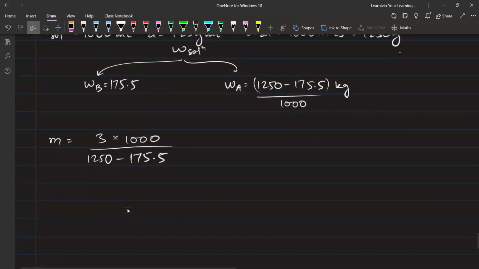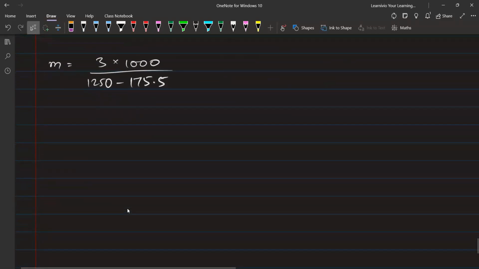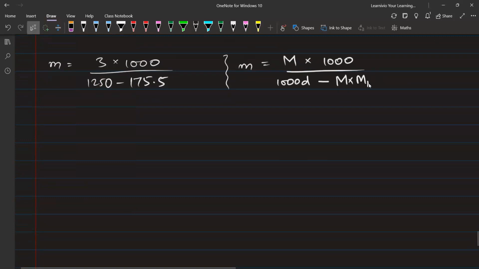Now from what we have done, we can make a generic formula also. So please see. Molality is equal to whatever the molarity is multiplied by 1000, divided by 1000 into D minus the molarity multiplied by the molar mass of the solute.